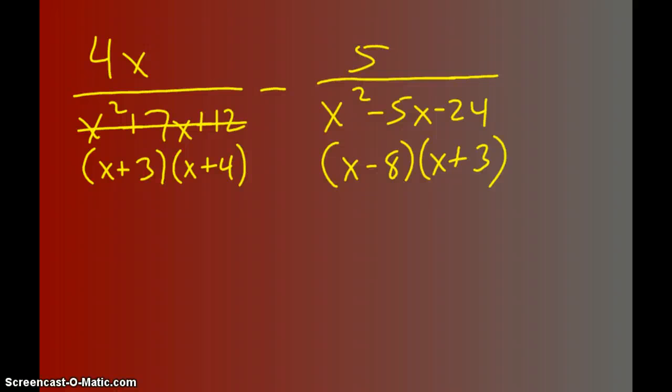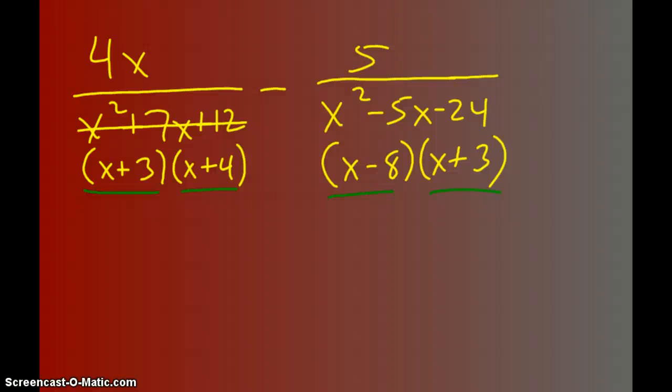So when you look at your denominators, again, I'm looking for x plus 3, x plus 4, the factors on that bottom, x minus 8, x plus 3 on this bottom. Hopefully, again, recognition, x plus 3 is shared. So there's really only 3 factors on bottom. While there are 4 written there, the x plus 3 is a common factor already to both bottoms.